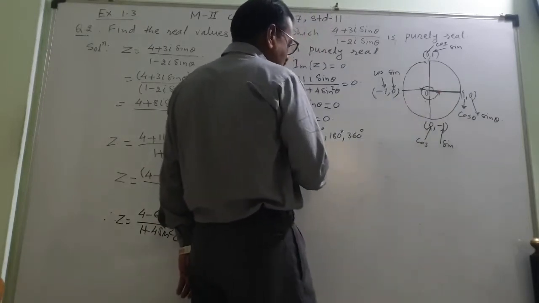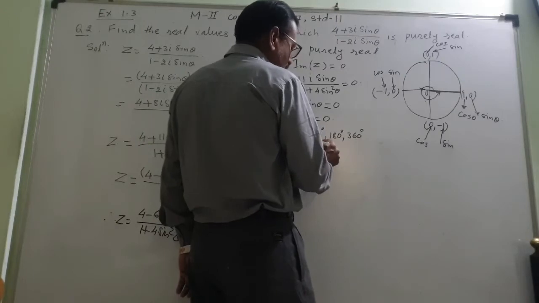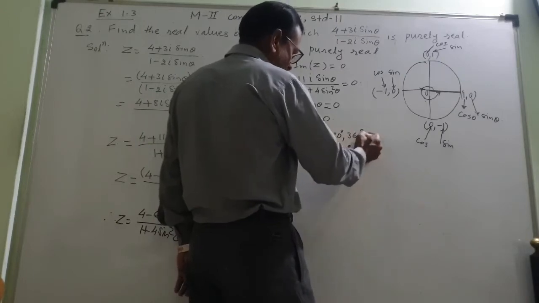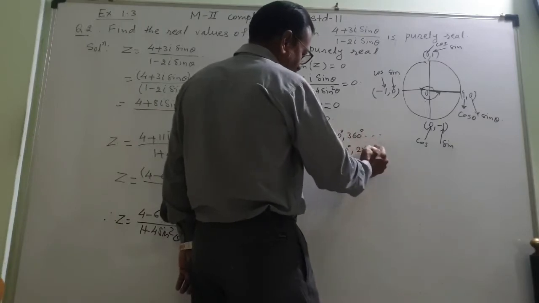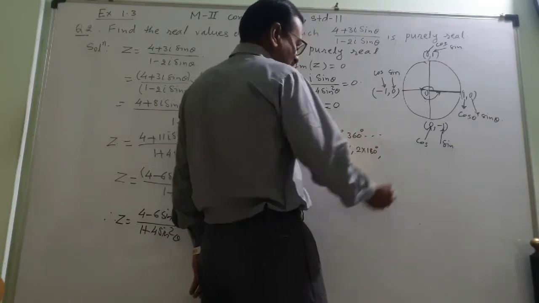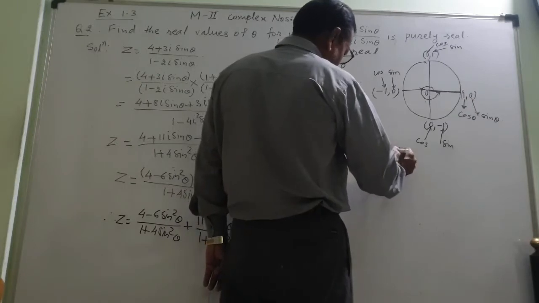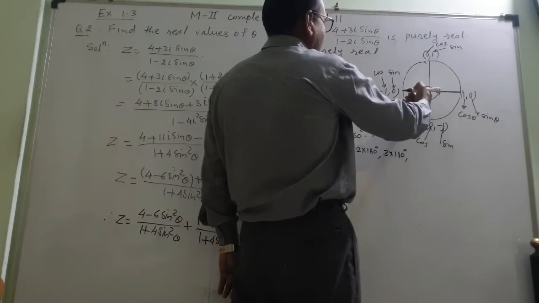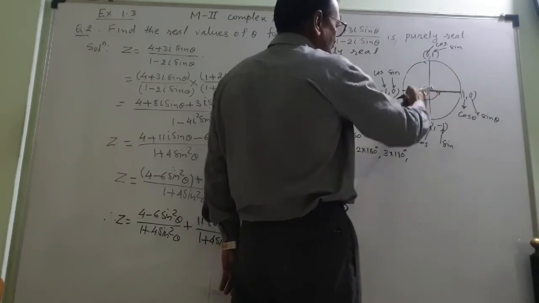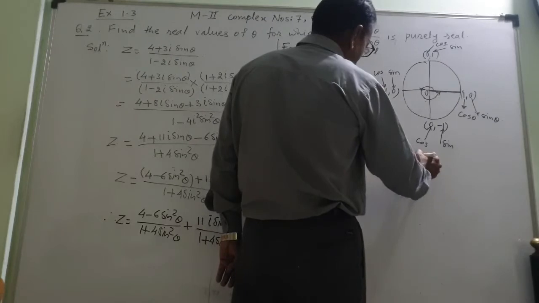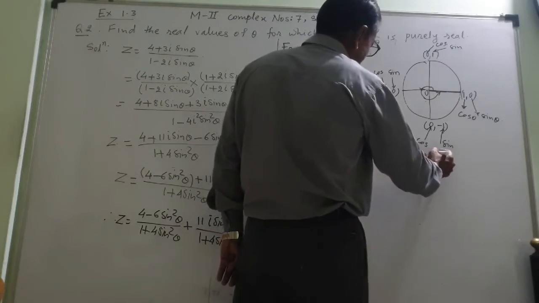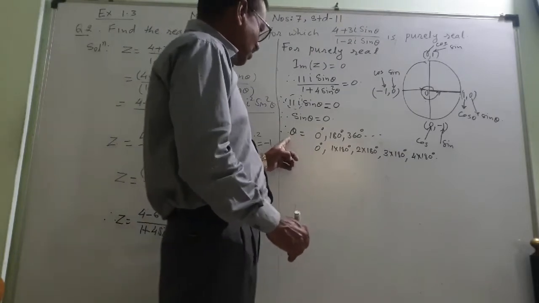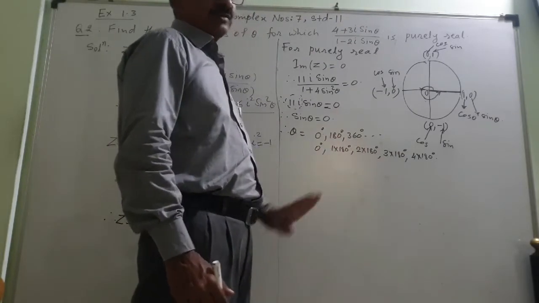So this is 0 into 180 degrees, 1 into 180 degrees, 2 into 180 degrees, similarly 3 into 180 degrees, then 4 into 180 degrees.